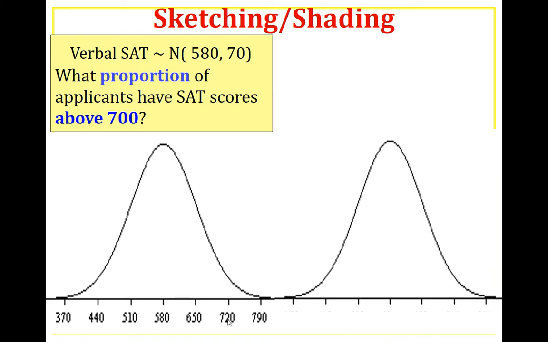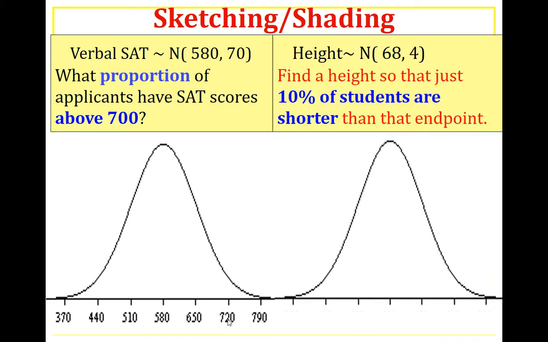So 580, and I find approximately 700. 700 is about here. That's my 700 score, and I'm looking above a 700. It says what proportion?